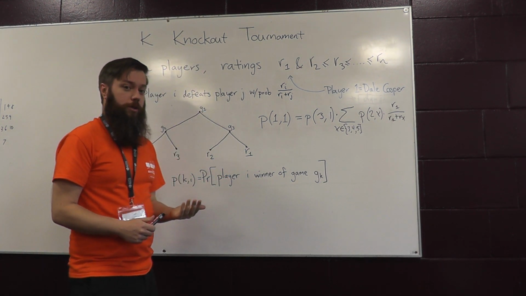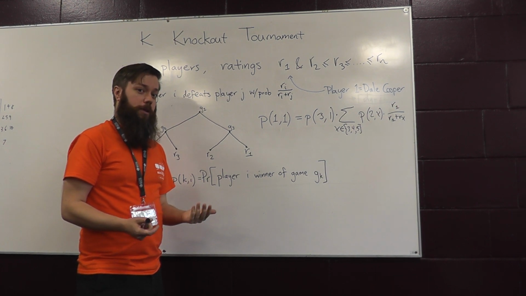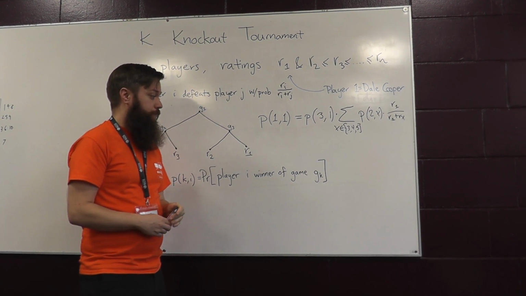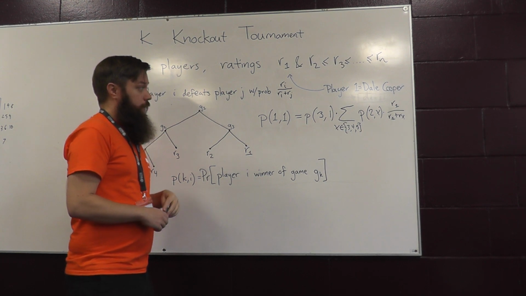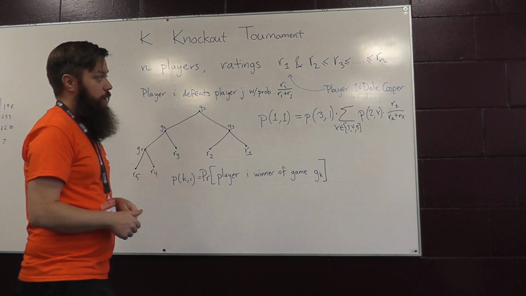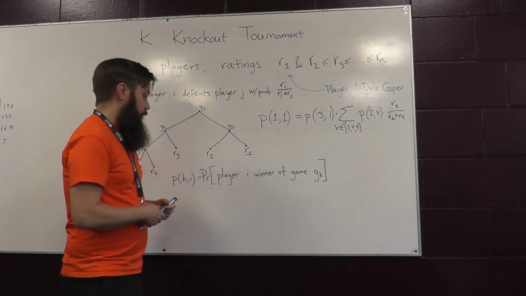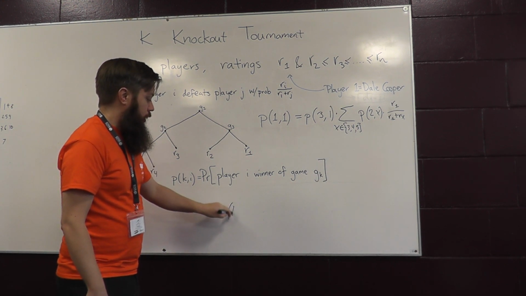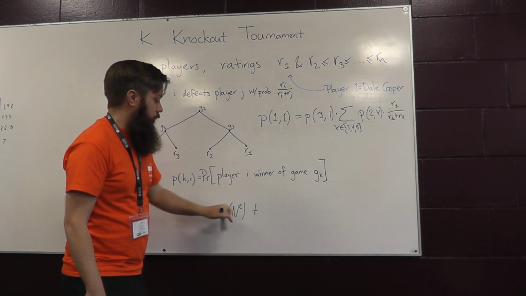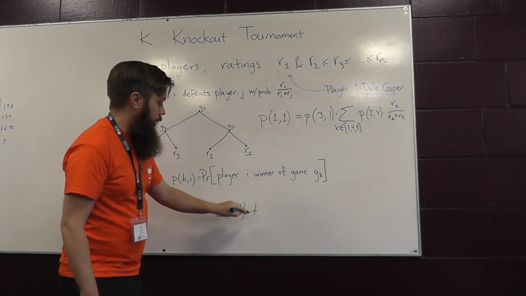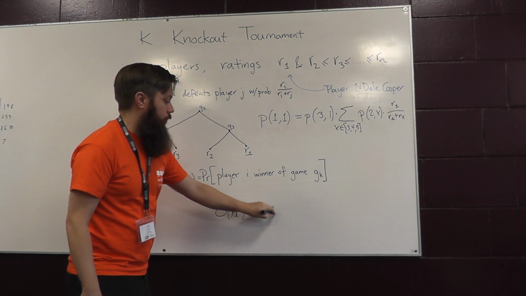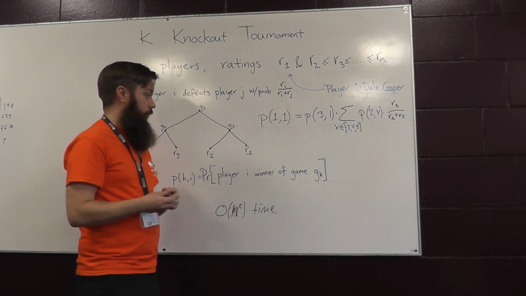This leads to a natural dynamic programming solution, which you compute either bottom up or top down. You can analyze the running time in a few different ways, but you end up with order n squared time. And that's about it.